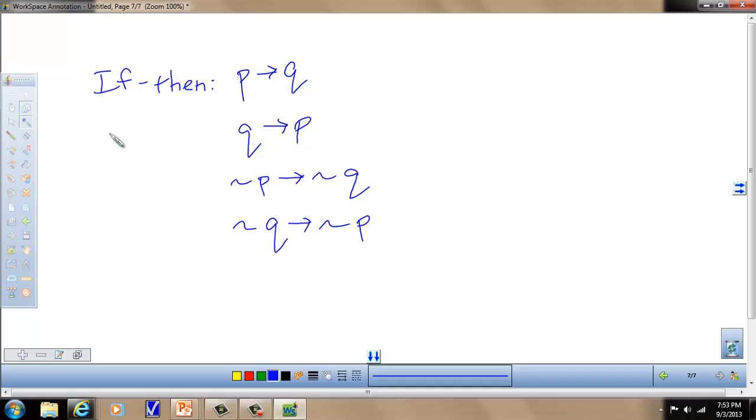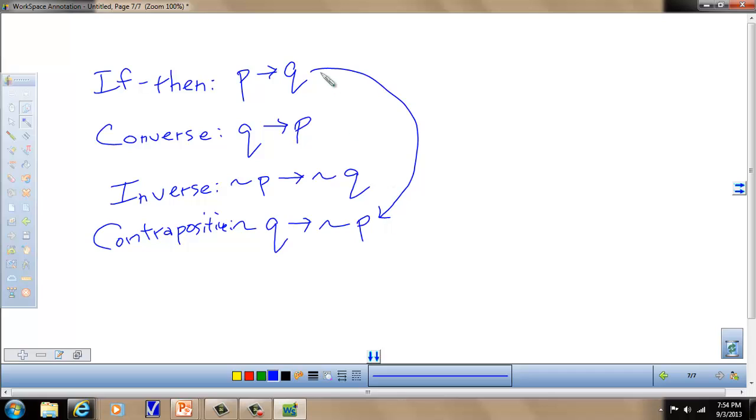This is our converse, inverse, and contrapositive.